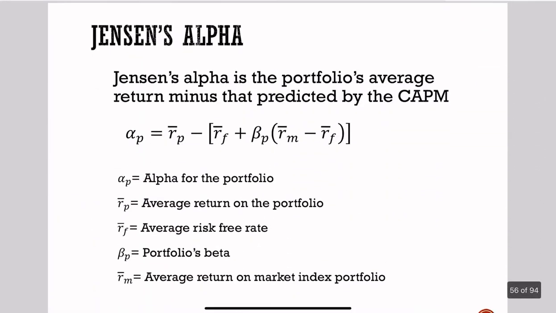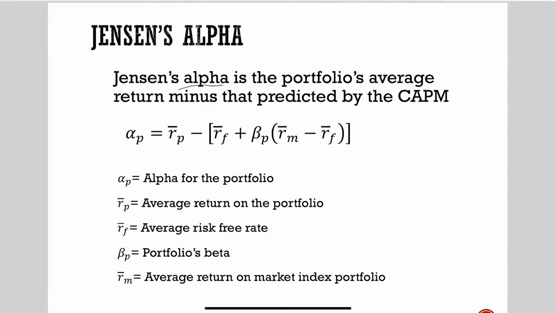Okay, now Jensen's alpha. So this is really not a performance measure. However, several performance measures are based on Jensen's alpha. It's called Jensen's alpha because this procedure is proposed by Michael Jensen, this very famous financial economist.